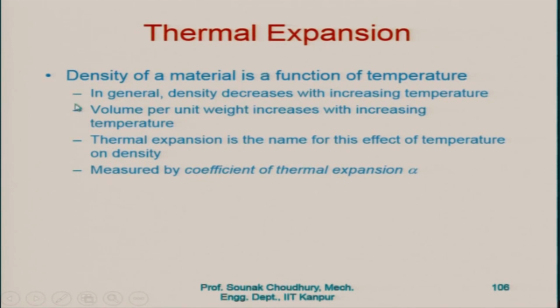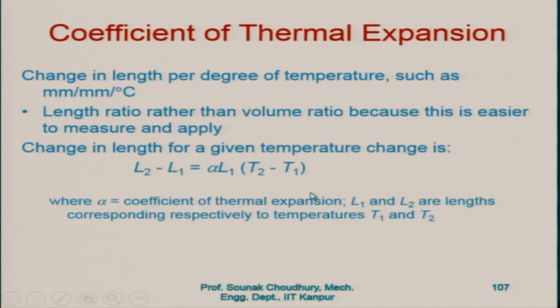Thermal expansion: the density of a material is a function of temperature. In general, density decreases with increasing temperature, and volume per unit weight increases with increasing temperature. Thermal expansion is the name for this effect of temperature on density, and it is measured by the coefficient of thermal expansion, given by alpha.